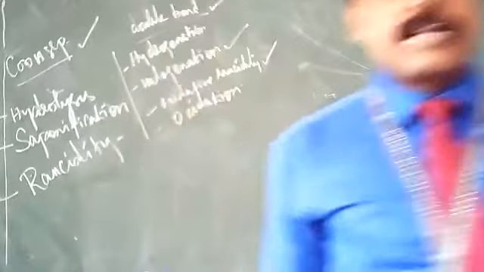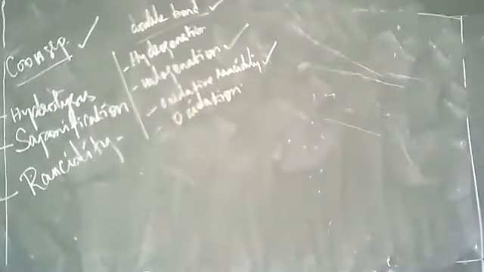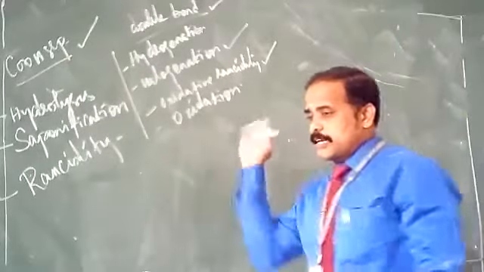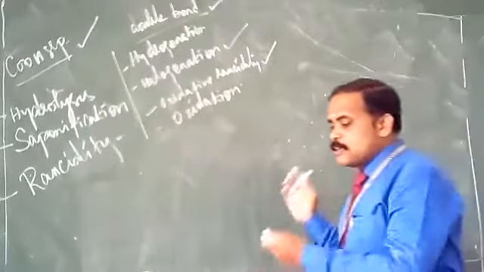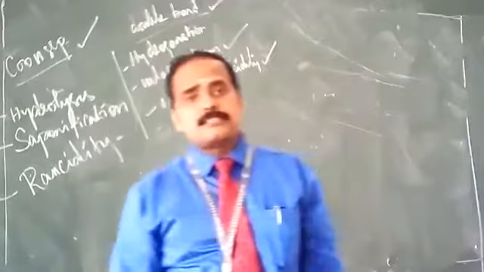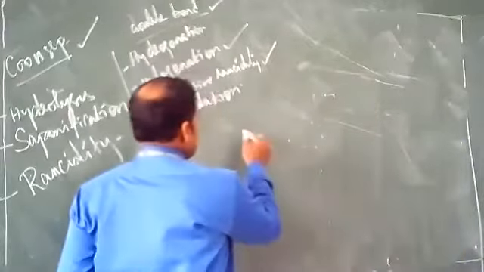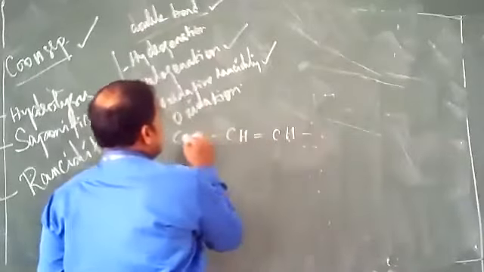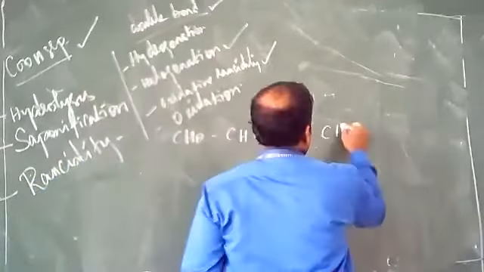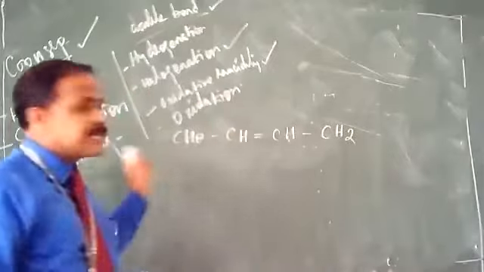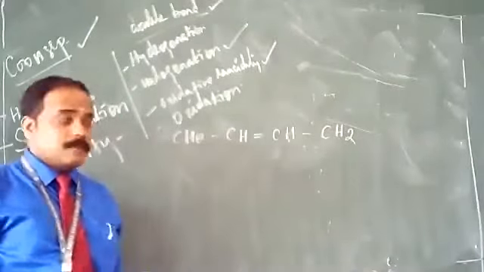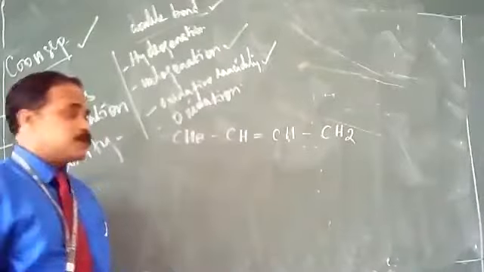I'll give an example for this spontaneous oxidation of fats. Here, when you consider the double bond, CH, it's an unsaturated fatty acid, CH2 and CH2. This is the representation of an unsaturated fatty acid, because it contains a double bond in its structure.